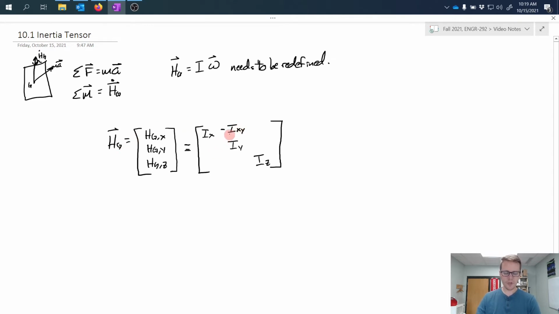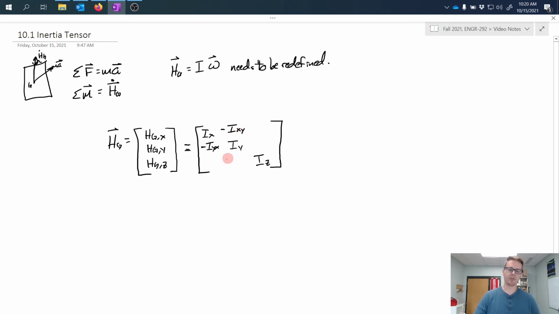The other thing to note is that because this is a symmetric tensor, this term has an equal term on the opposite side, which I would call Iyx. However, it's going to have the same value as Ixy.